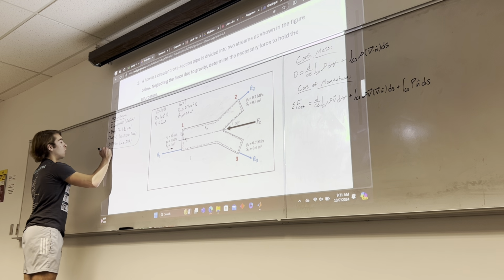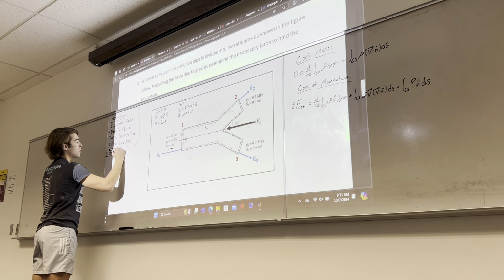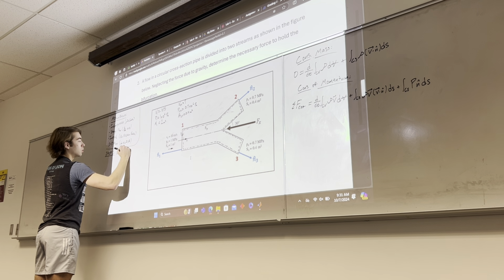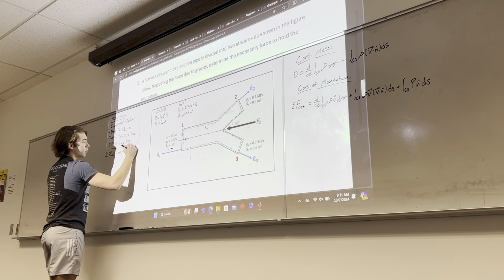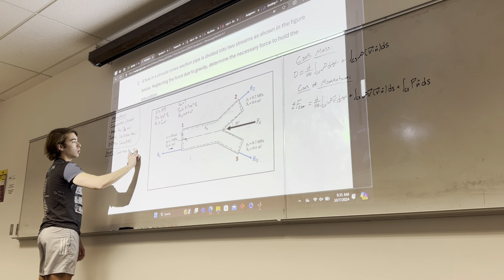So I'll say step 1. Conservation of mass for V23. Cool.